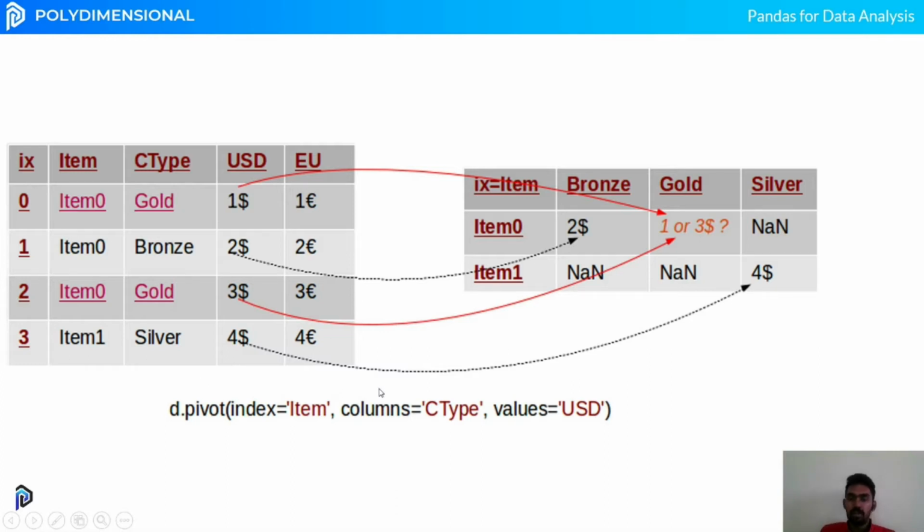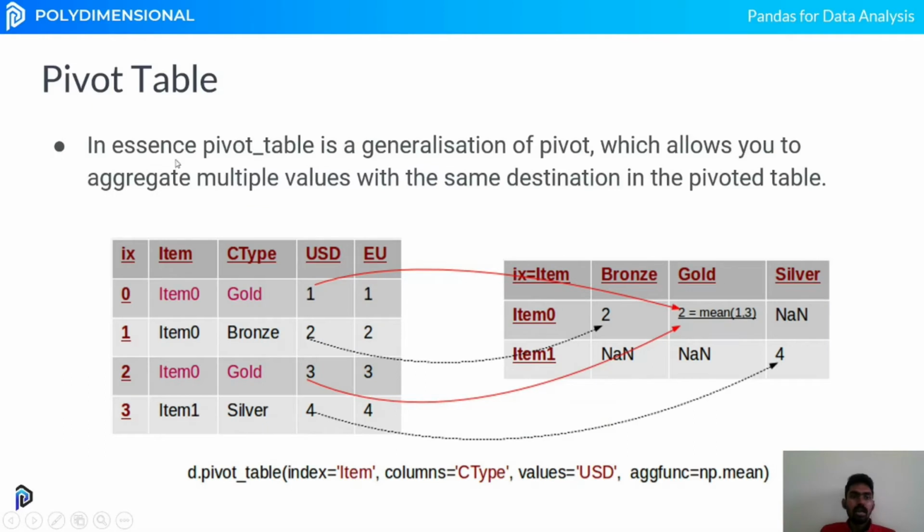The only difference between pivot and pivot table is that in pivot table, you can choose the aggregation function. Instead of putting 1 and 3, we can take the average of both, which is 2. We can use aggregate functions like average, sum, and so on. So this is pivot table. It's essentially a generalization of pivot, which allows aggregating multiple values.